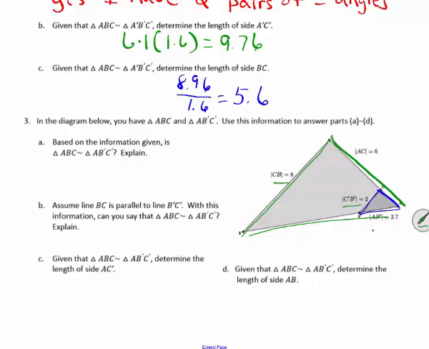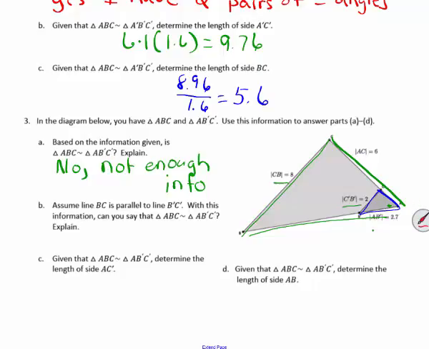I only have this, right? Angle A is equal to itself. I have that angle, but that's about it. All right, so right now, no. I can't, not enough information. I don't have enough information there.